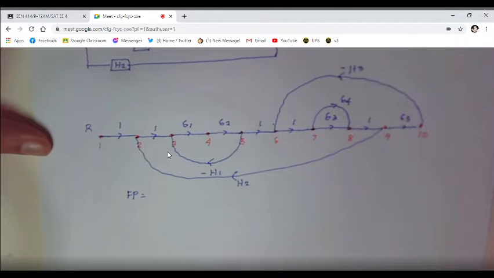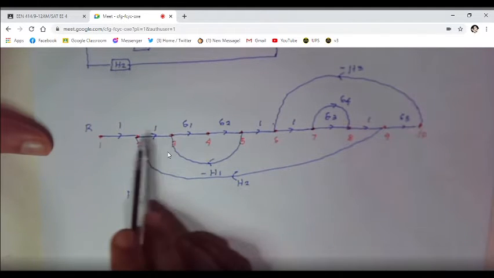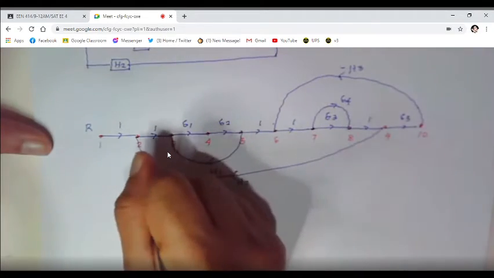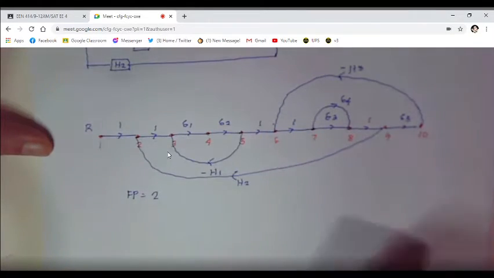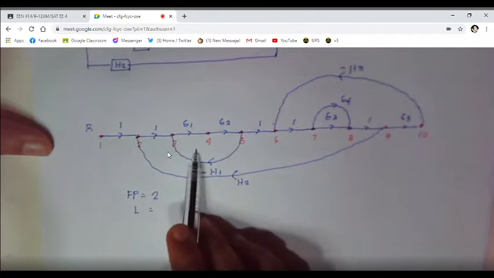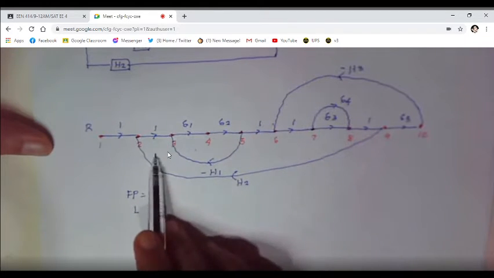Forward path. 1, 2. Dalawa lang ang forward path. Okay? Loop. So, 1, 2, 3.